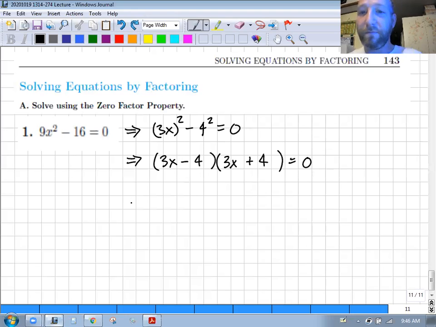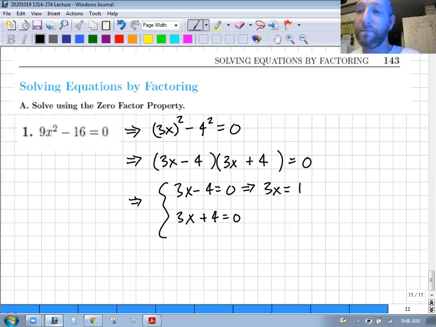So now, if either one of these factors is 0, the whole thing is 0. So either 3x minus 4 is 0, or 3x plus 4 is 0. So this one tells us 3x is 4, or x is 4/3.